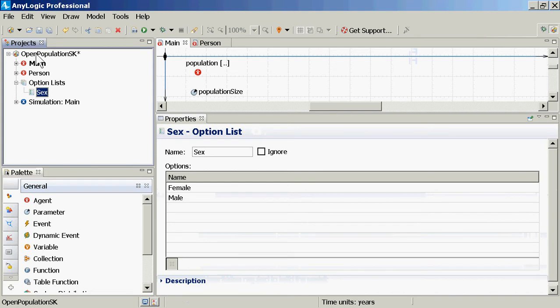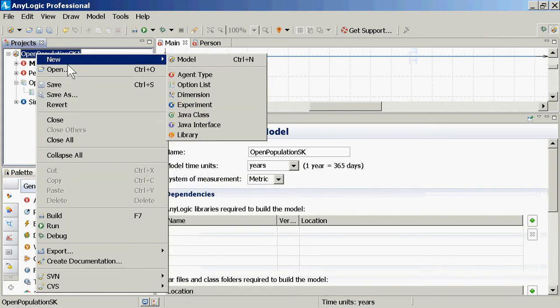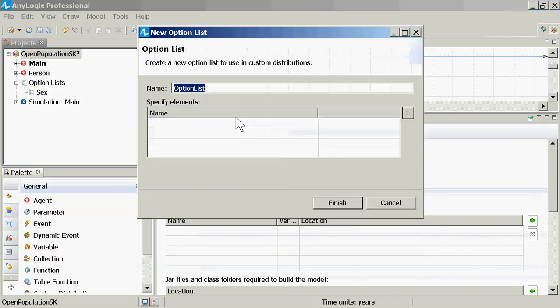Okay, and then I'd like to add another option list for ethnicity. The question is which country should we use for this? Perhaps we'll have Asian, and then we'll have a melange.